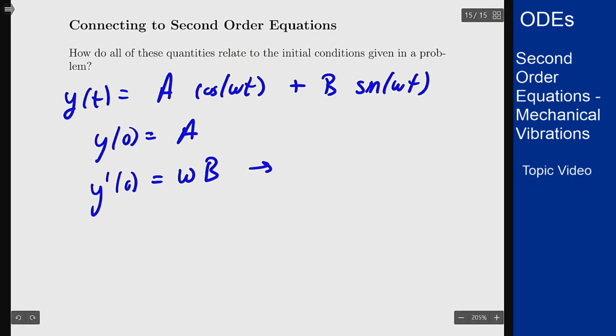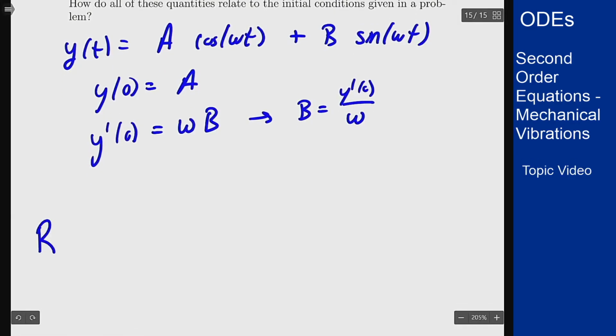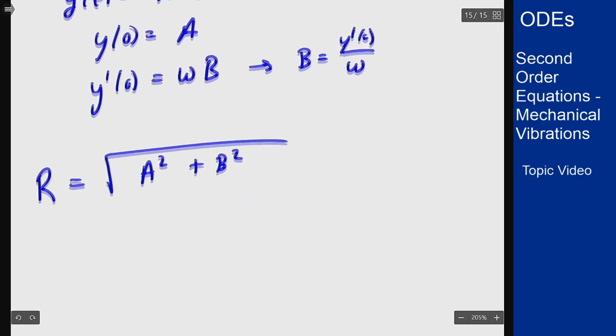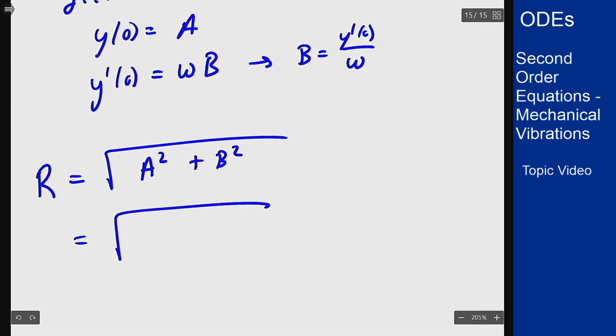So b is y prime of 0 over omega. Tying this all back in, the amplitude of the oscillation is the square root of a squared plus b squared, which is the square root of y of 0 squared plus y prime of 0 squared over omega squared.